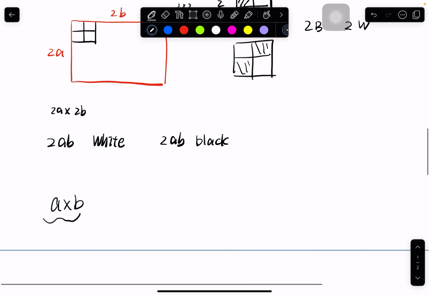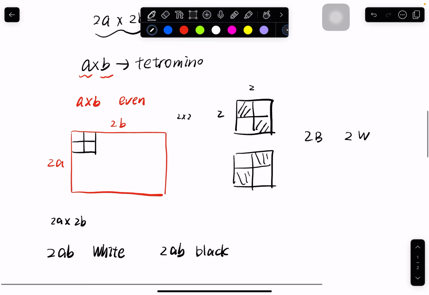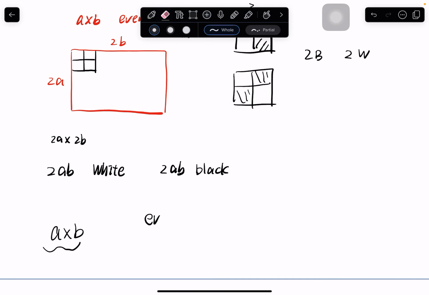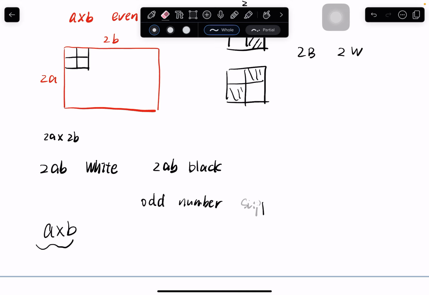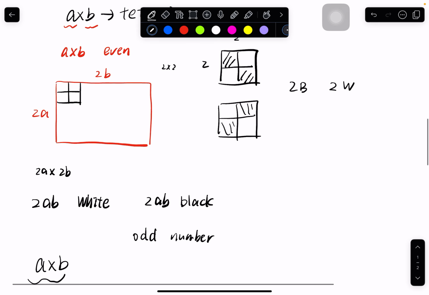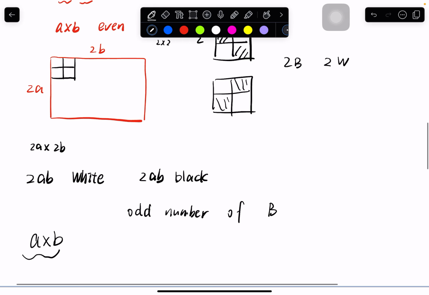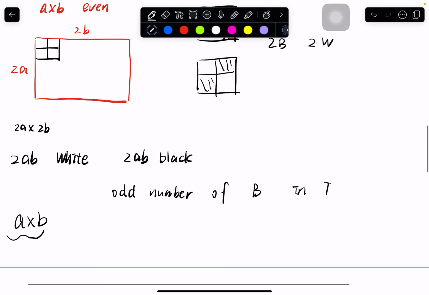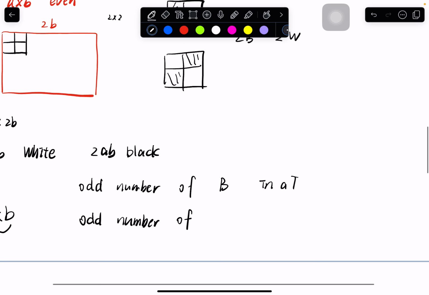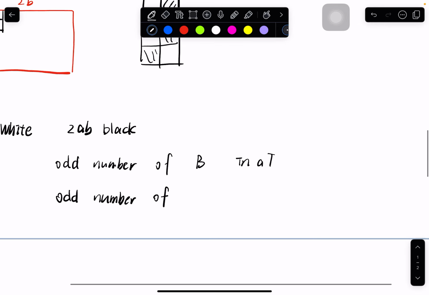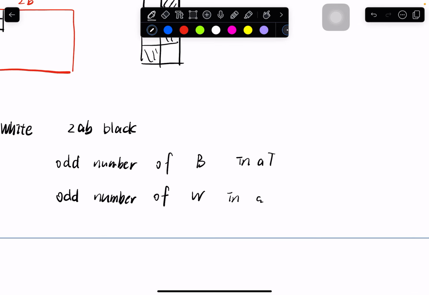Each tetramino has an odd number of black squares and an odd number of white squares.